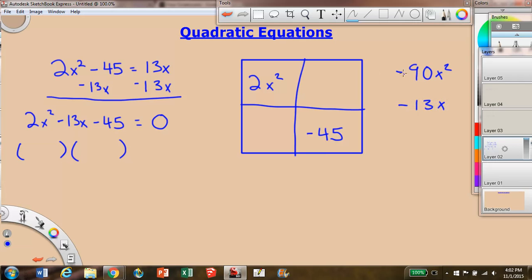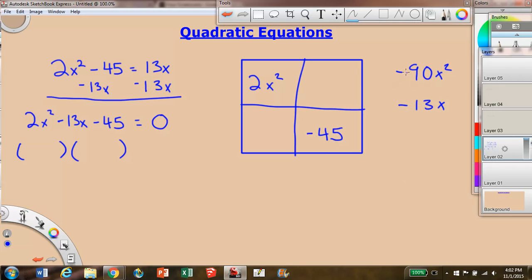Okay, so they multiply together to equal negative 90x squared, and add together to equal negative 13x. Well, I want to start with 90. I'll start by factoring 90. I know that 9 times 10 is 90. If one of those is negative, well, that would mean that my difference is only 1, so that's not going to work. Okay, let's see here.